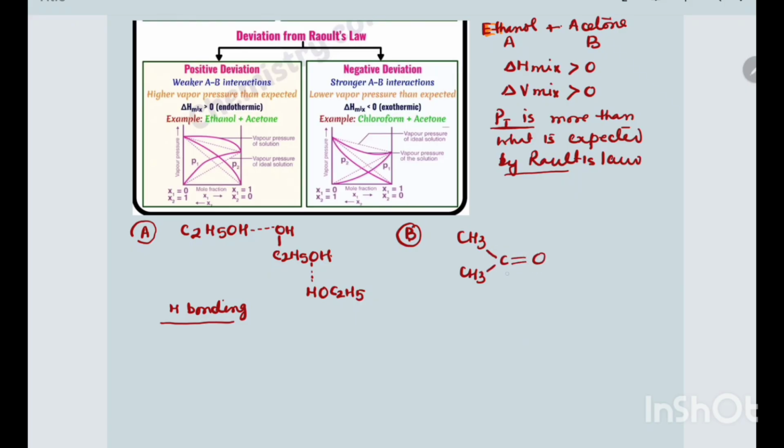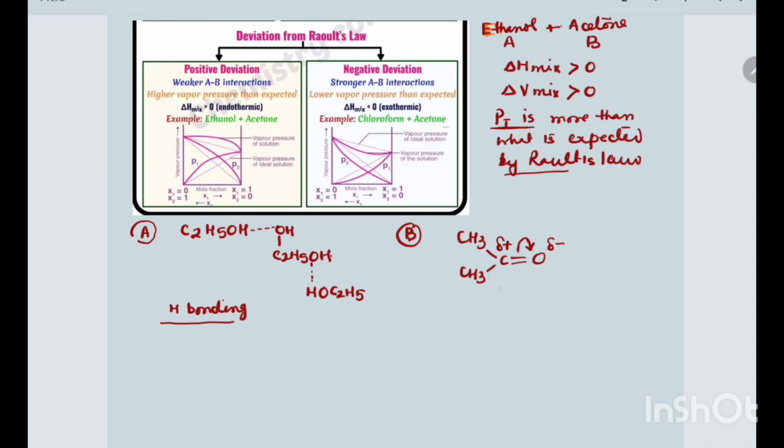Now this acetone is propanone chemically. If you see, oxygen is very electronegative here, so it pulls the electron density towards itself. As a result it acquires partial negative charge, and carbon, because the electron density is drifted towards the oxygen, acquires delta positive charge.